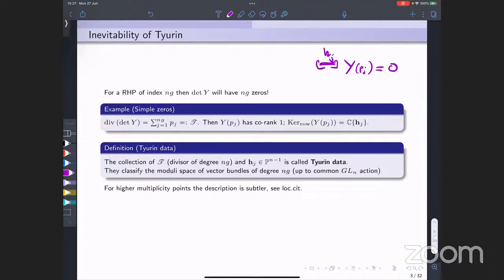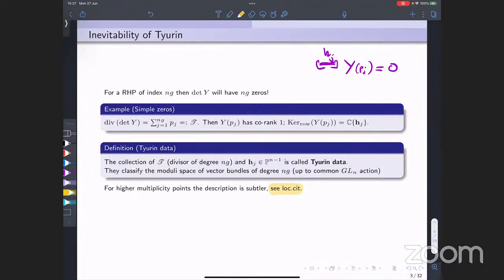Of course, it's defined only up to multiplicative action, right? So you can multiply by any non-zero number. If you want to have higher multiplicity of zeros, then it's not as straightforward. You find in this paper with Haya and Giulio the definition. But for the sake of this talk, let's keep things as simple as possible.